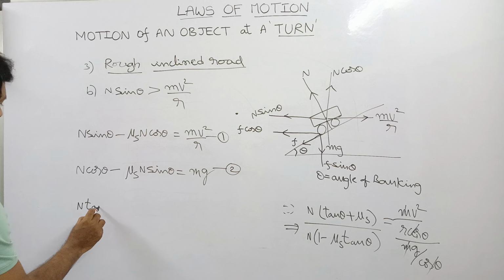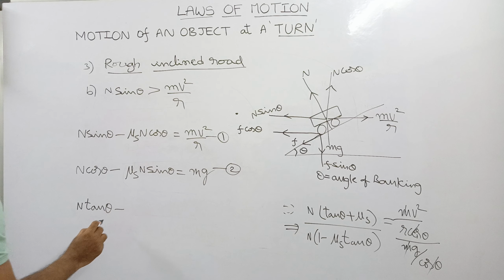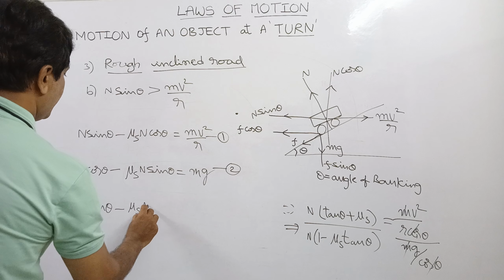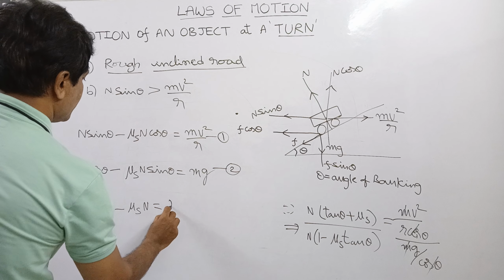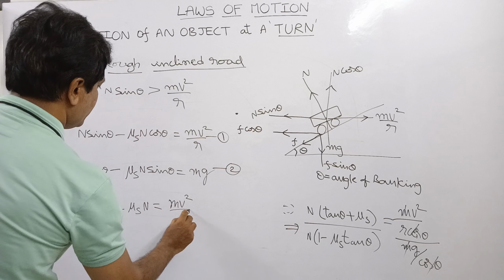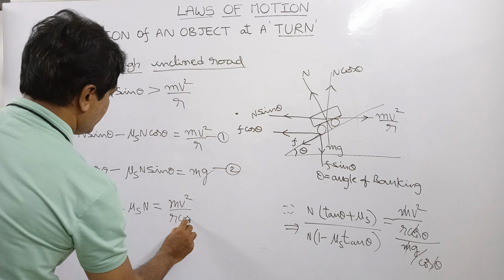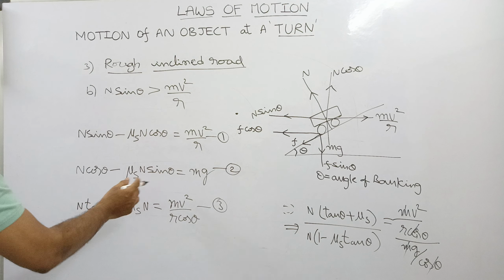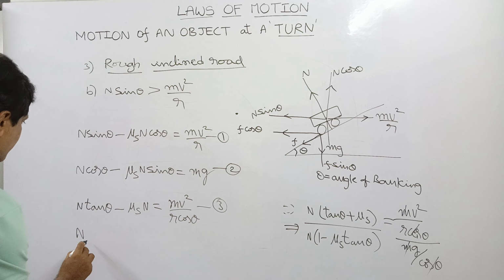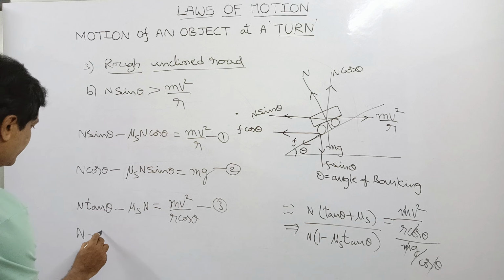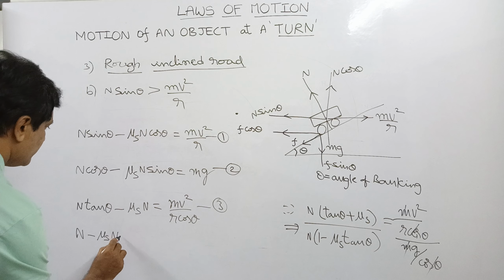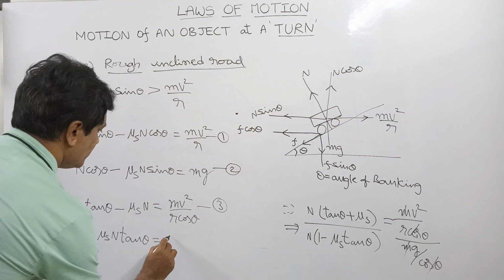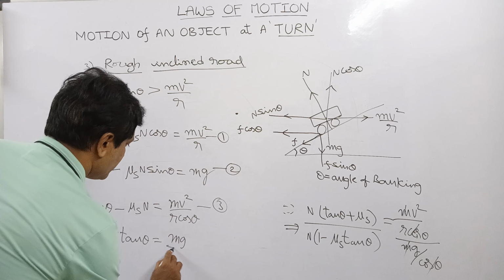Equation 1 changes to n tan theta minus mu s n is equal to mv square by r cos theta, equation 3. Equation 2 divided by cos theta becomes n minus mu s n tan theta is equal to mg by cos theta.